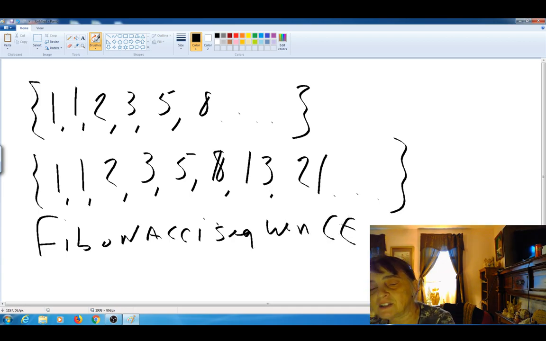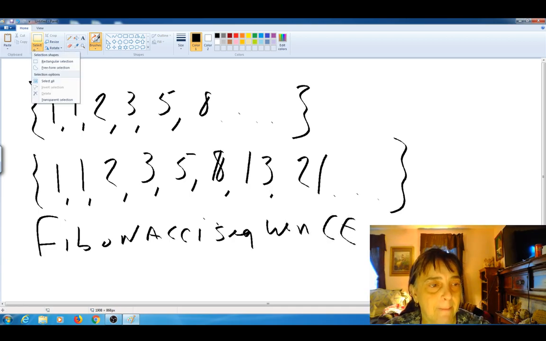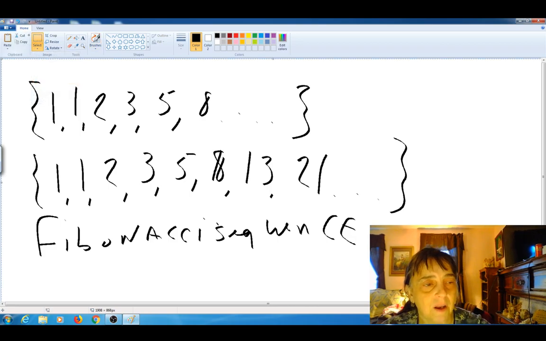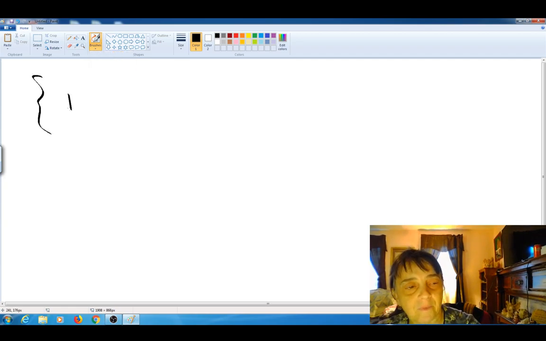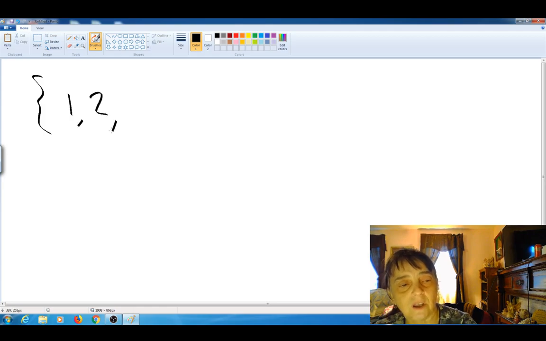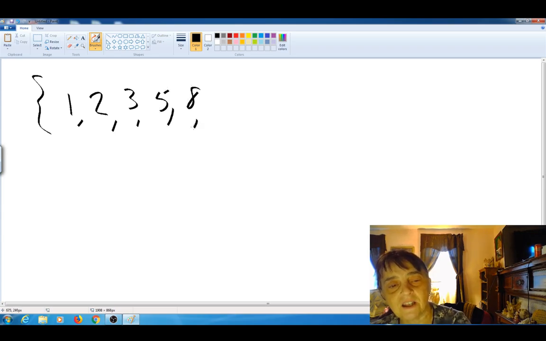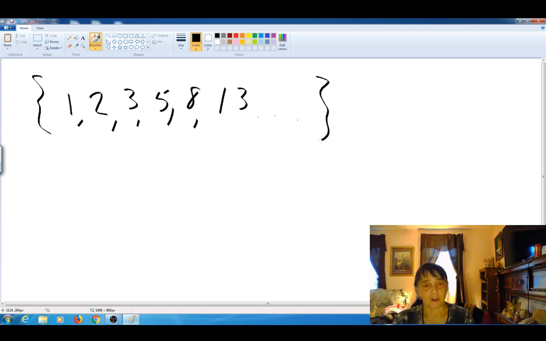Okay, and there's different kinds of Fibonacci sequences. You could also have 1, 2, and then 3, 5, 8, 13, and that's another kind of Fibonacci sequence.